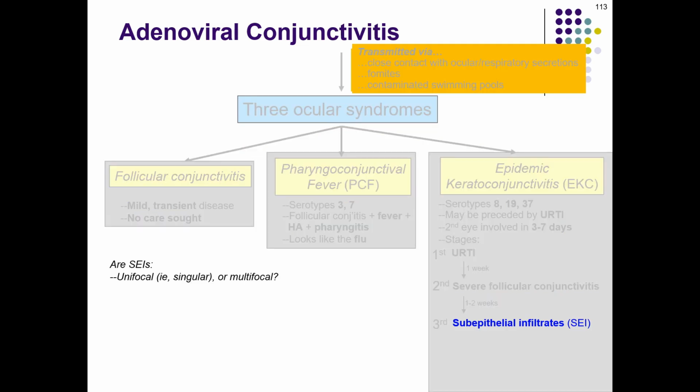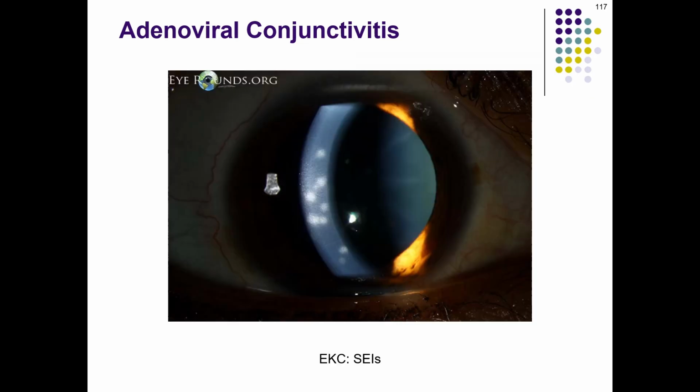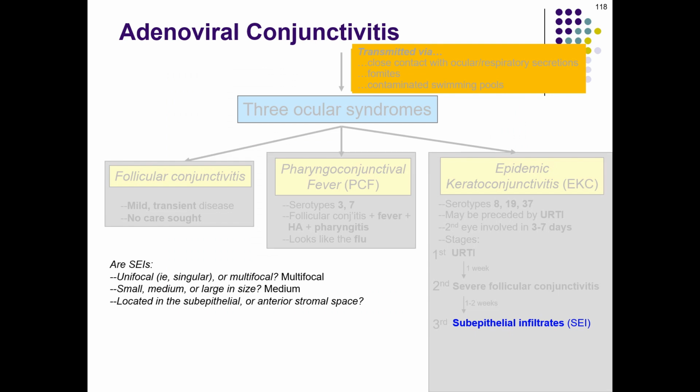The subepithelial infiltrates, are they unifocal, single, or multifocal? They are multifocal. Are they small, medium, or large in size? They are medium size. So this picture shows medium-sized subepithelial infiltrates caused by adenovirus. Where are they located? In the subepithelial space?